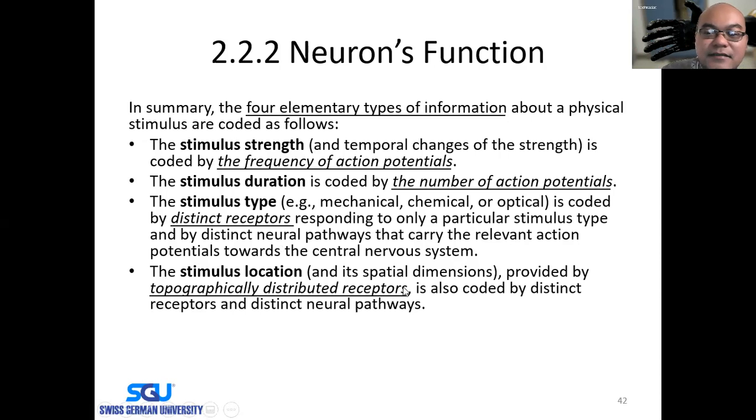Then the stimulus location and its spatial dimension are provided by topographically distributed receptors. For example, our finger is one position within our body which has a lot of sensory neurons. That's why it's sensitive towards touching. We know whether the touching is at the end of the finger, at this part of the finger, or at the beginning of the finger, etc. So this spatial dimension encoding is due to the topographically distributed receptors across the finger.